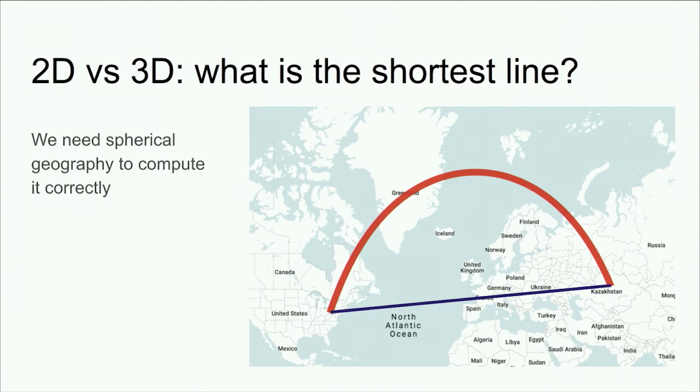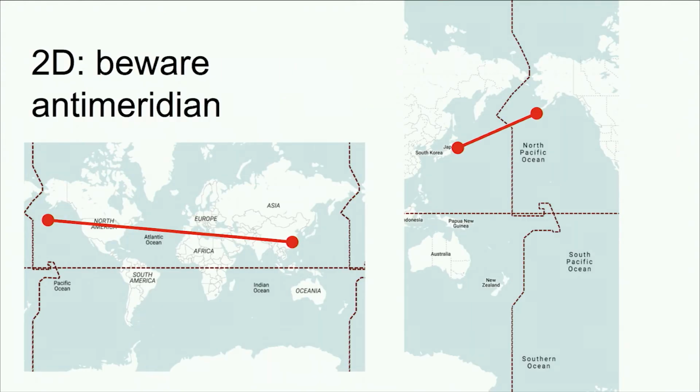So that's one of the problems with working on 2D. The shortest path between Europe and United States is through Greenland. But if you draw a straight line on a flat map, that goes through France. And that's not the real shortest line. Another problem when you're working with 2D is anti-meridian.